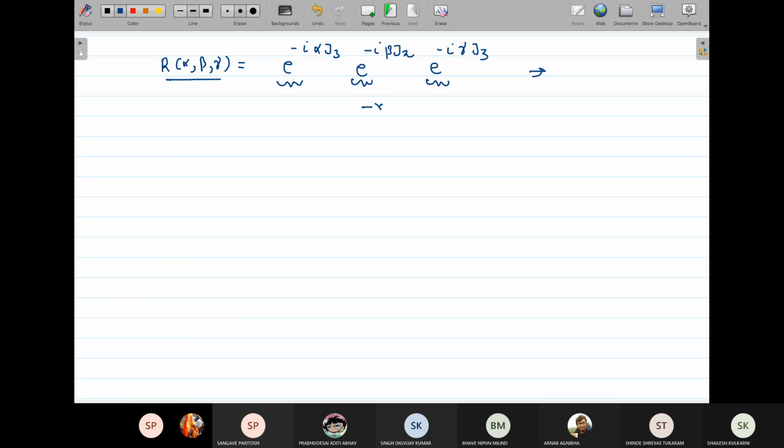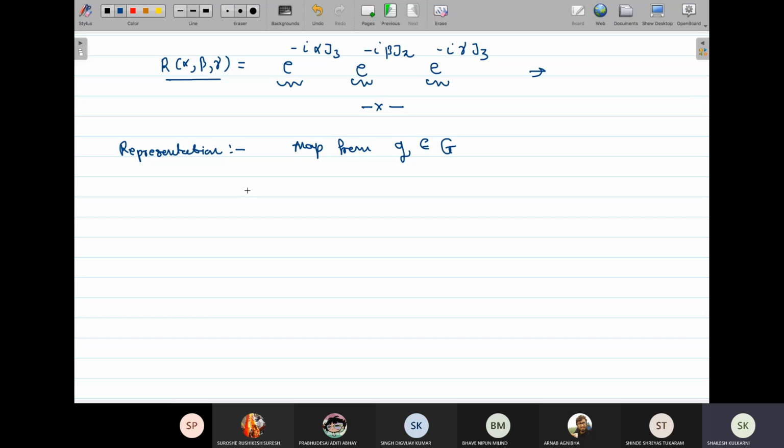Now, what is a representation? Representation in group theory is nothing but a map from group elements, say g is an element of some group capital G, to a group of linear operators.